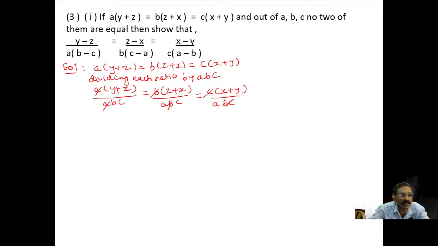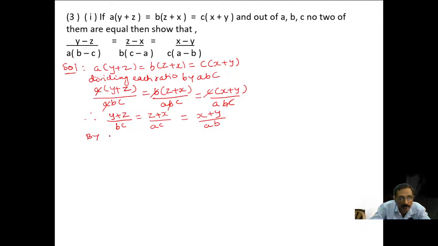This c gone. What do I get? Therefore, I get y plus z upon bc, which is equal to z plus x upon ac, which is equal to x plus y upon ab. Now I have got this. Let us use the theorem on equal ratios. To get this theorem, what we need here is a, b, c here. So to do this, let us use the theorem of equal ratios.